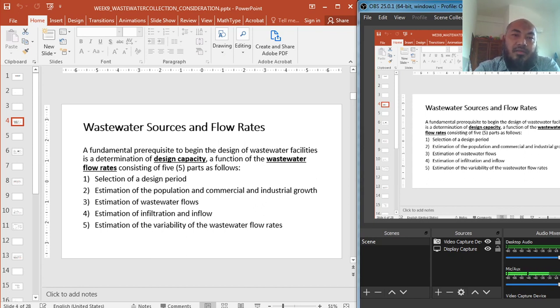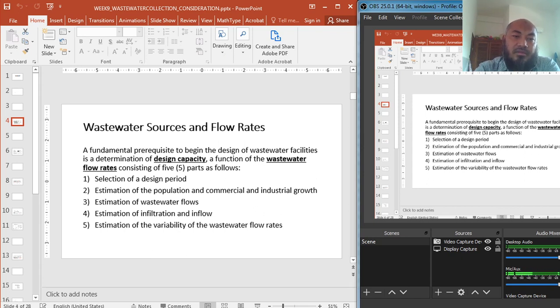They have some standards for this. It depends on the system that we select, so selecting a design period means we select what kind of system we would like to have. Number two is estimation of population and commercial and industrial growth.